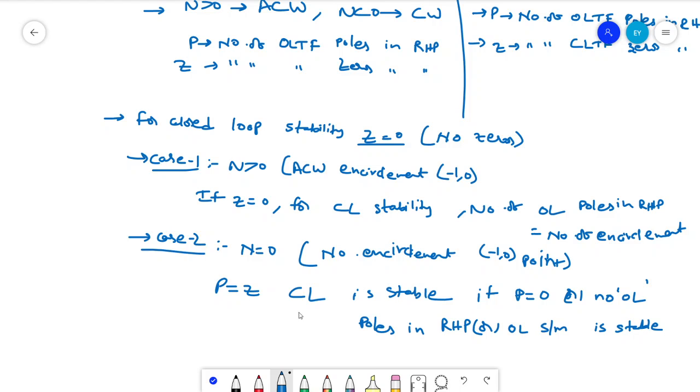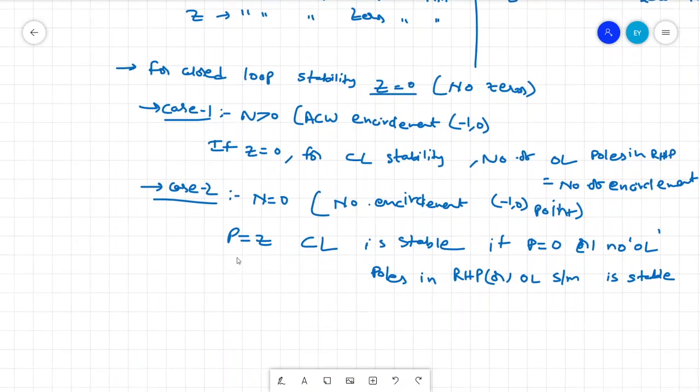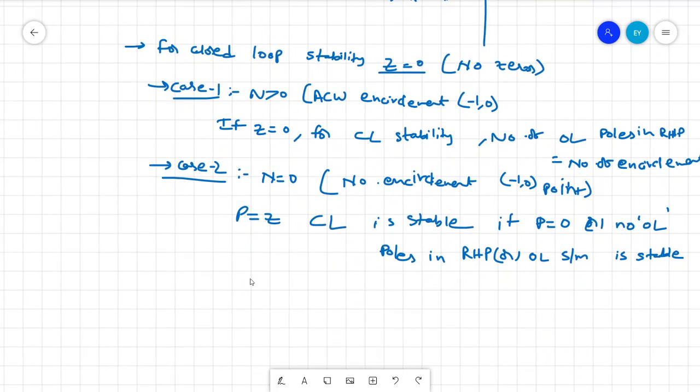So in this case the open loop system is said to be stable. Both the closed loop system and the open loop system will be stable in this case. Okay, and there is no encirclement around the minus 1 comma 0 point.